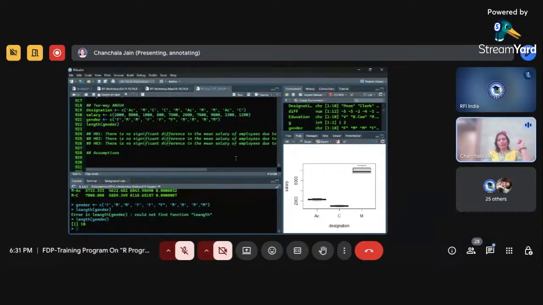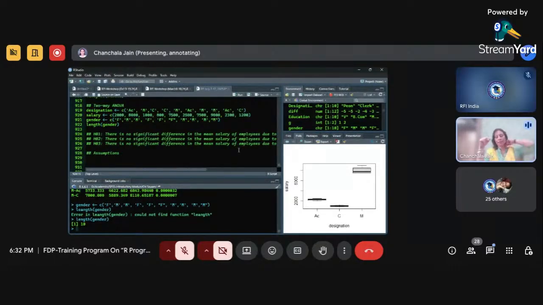Then second will be, there is no significant difference in the mean salary of employees due to gender. And third, there is no significant difference in the mean salary of employees due to interaction effect of gender and designation. So that way you can say that first 2 are the main or individual effect because a single independent variable you are taking to see the difference in the salary.